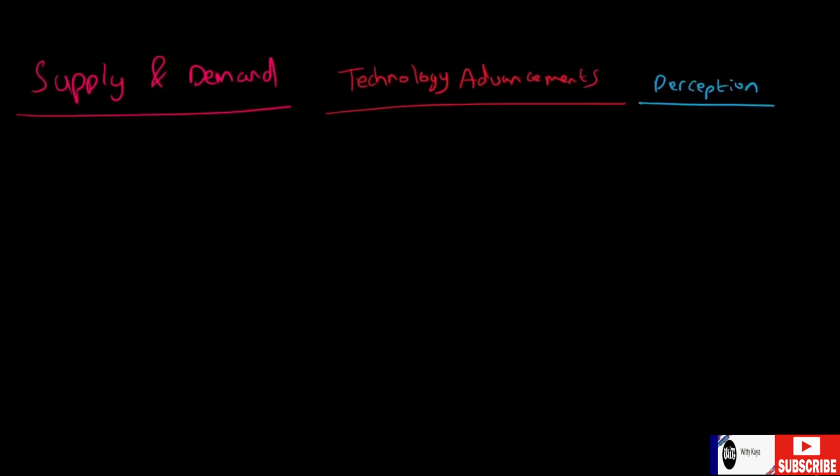So the supply and demand is simple. More people that want it, higher the value. Simple as that.